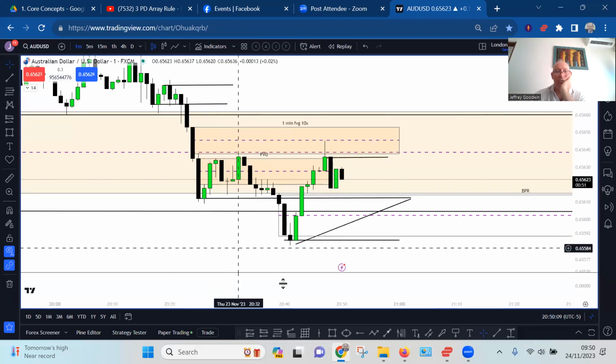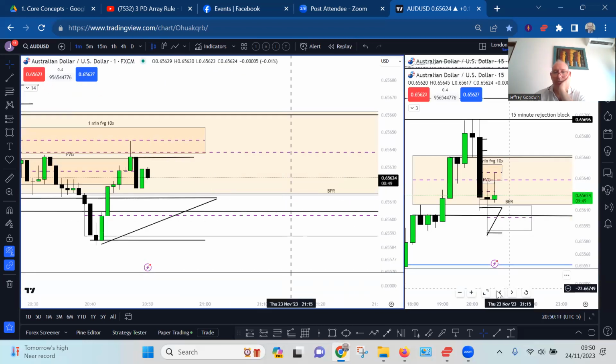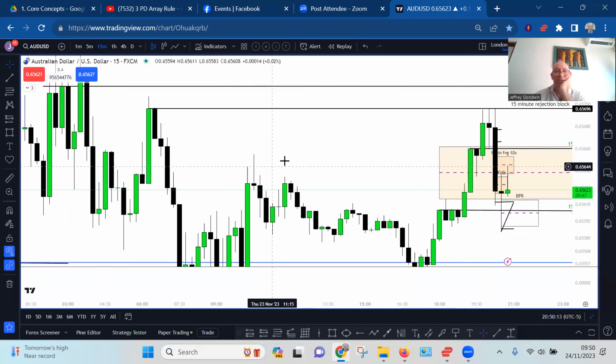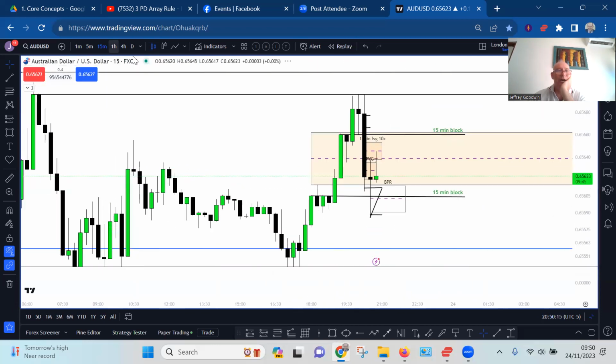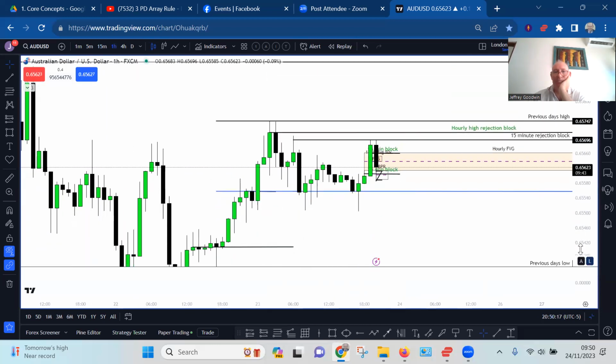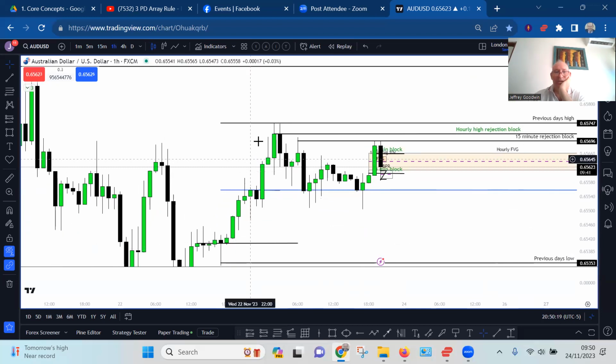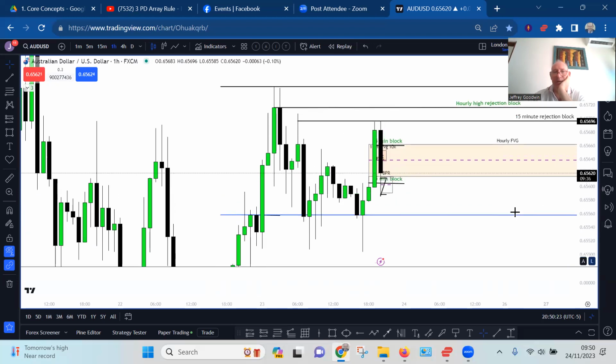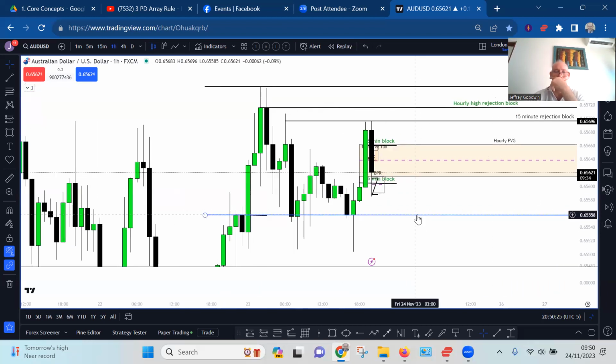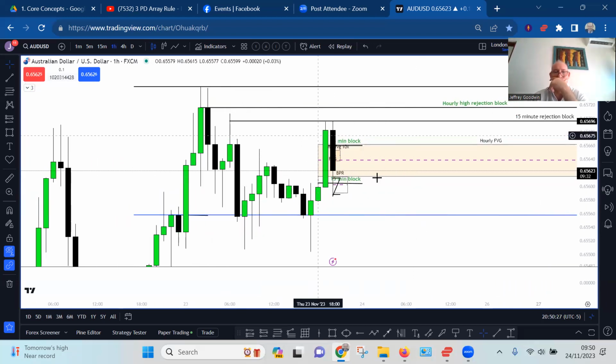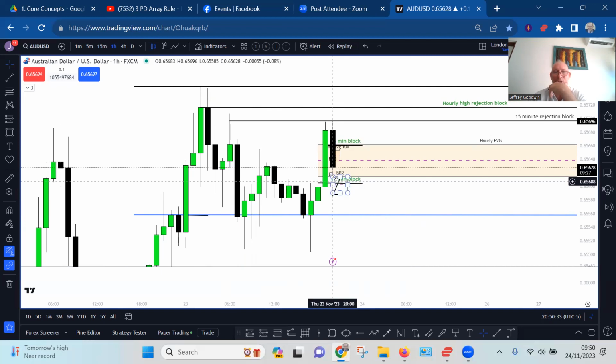Let me quickly go through all the time frames with you. Here we have the hourly time frame. Yep, see, we rejected off here. These lows here, we're building up a picture. Build rejection here. The hourly fair value gap has gone up, come down to most of it.